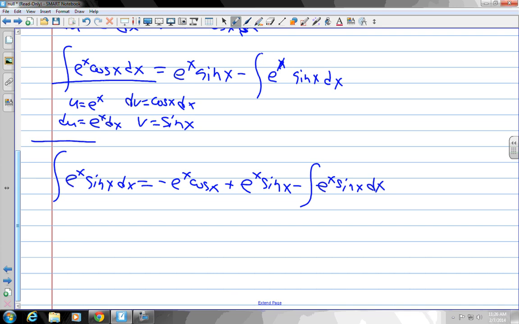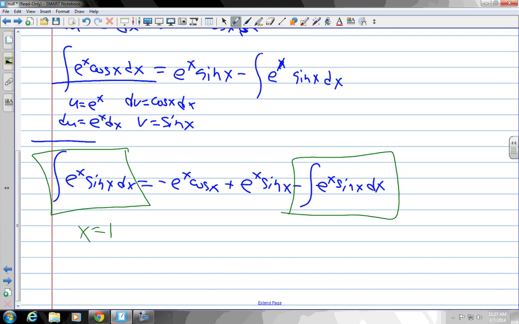I can just add that in over both sides because I'm solving for this. This is the unknown, right? This is the unknown, and it also appears there. This equation to me right now is x equals blah minus x.